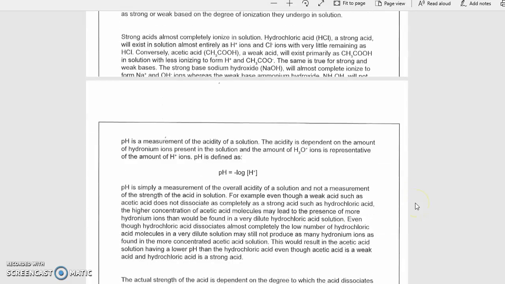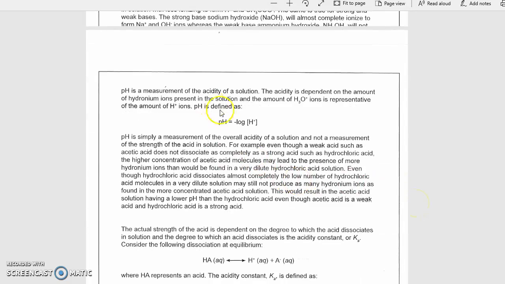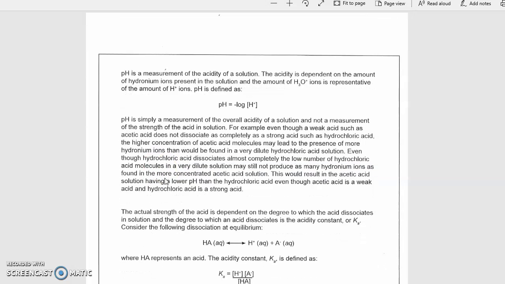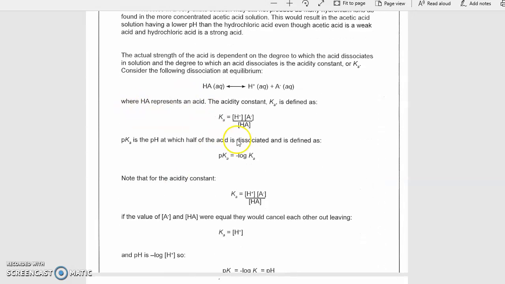Now, continuing on, pH is minus the log of the hydrogen ion concentration. That's the key factor right there. And the next thing has to do with the way it's represented, with the acidity constant, or K sub a. Again, reactants are always in the denominator, the products are always in the numerator. So the concentration of the products are up here, concentration of the reactants are down here.